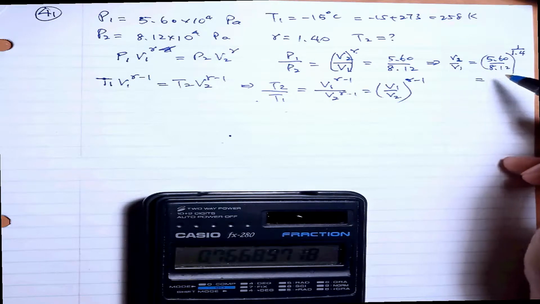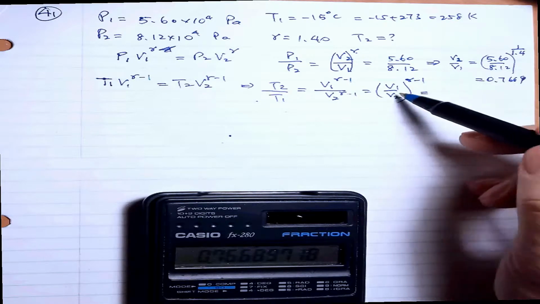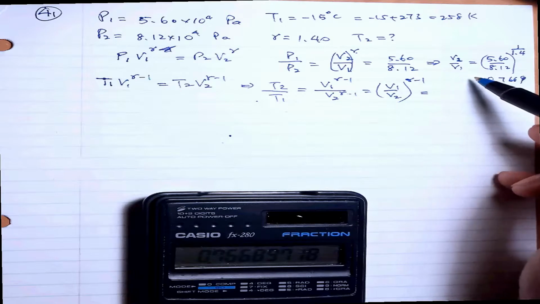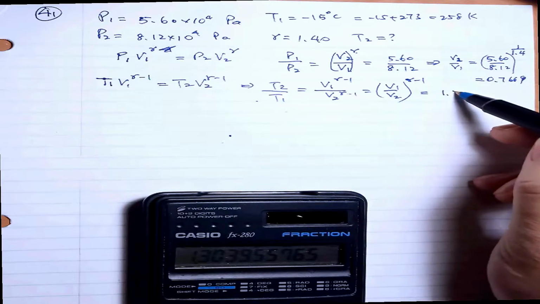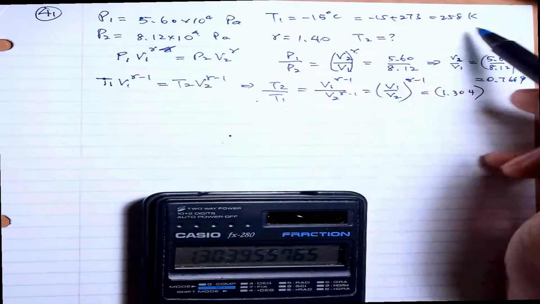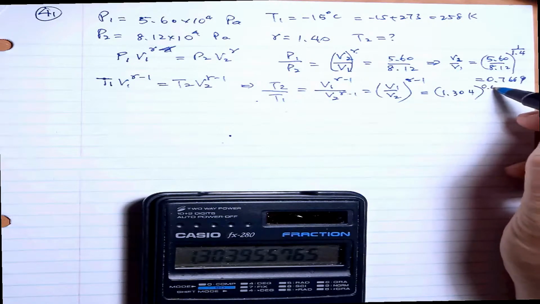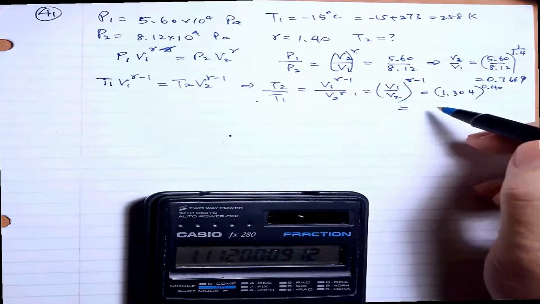So I get V2 over V1 as 0.7669. But then this one is actually V1 over V2, not V2 over V1. So I need to take the reciprocal of that number, which gives me 1.304. Raised to the power of gamma minus 1. Gamma is 1.4, minus 1 is 0.4.